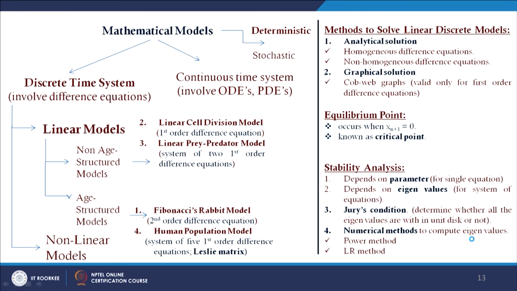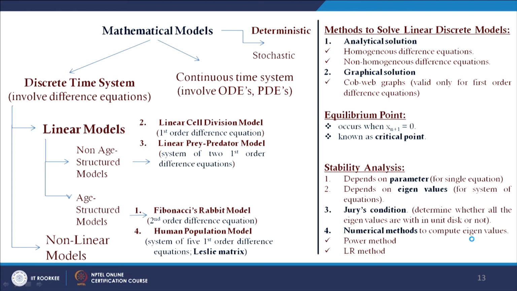The methods used for the solution of linear discrete models are the analytical solution we have discussed already, then homogeneous and non-homogeneous difference equations, especially when migration comes into the picture. Then graphical solution methods based on cobweb graphs, valid only for first order difference equations.